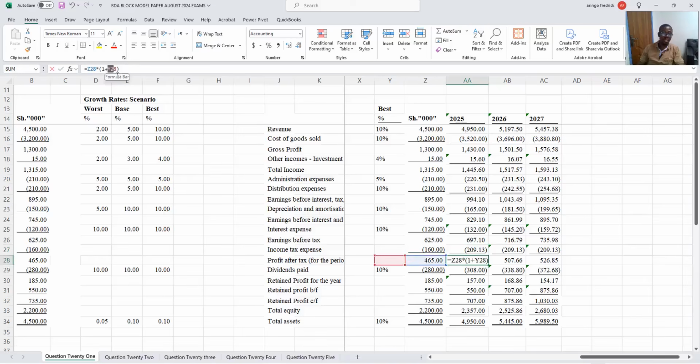This one is percentage. We lock. That should be, this is percentage. This was addition, not percentage, but addition, right? That was addition. This is a percentage. We lock.